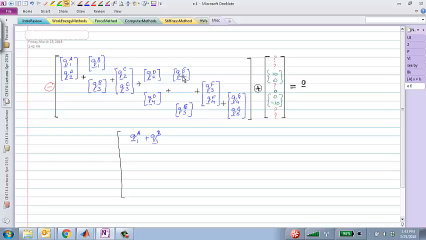There are 4 elements connecting to node 2, so indeed we'll have QA2 plus QC2 plus QD2 plus QE2.